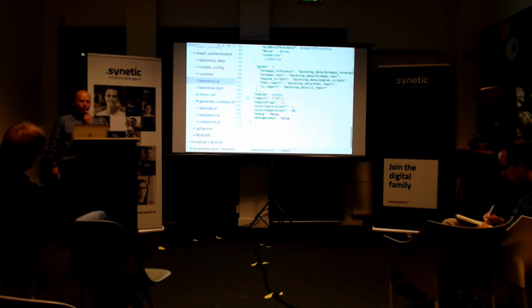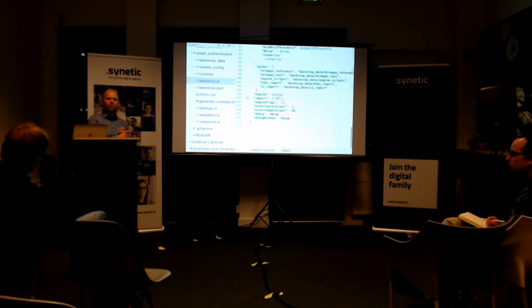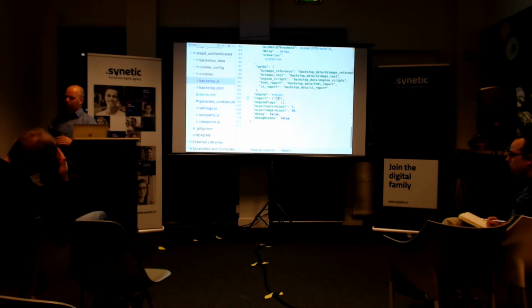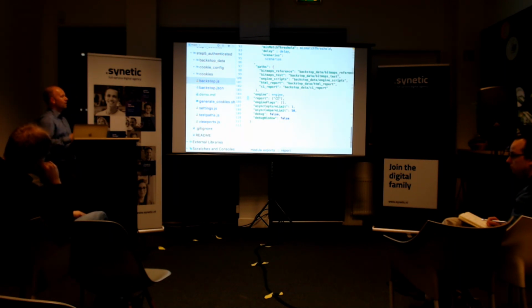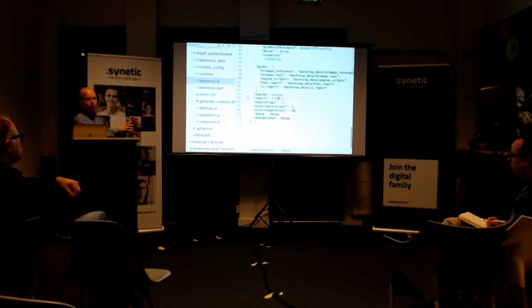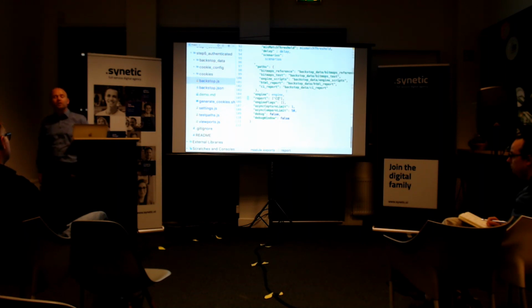Backstop has support for Chrome and Puppeteer, and they used to have support for Phantom.js, but they replaced it. You even have the option to run it through a Docker image. I don't know Docker, so I don't know what I'm saying here, but it's also built in. And the creator of Backstop is working at LinkedIn, so I'm guessing that this will be supported for some time and not abandoned. They're moving along with available options as well.